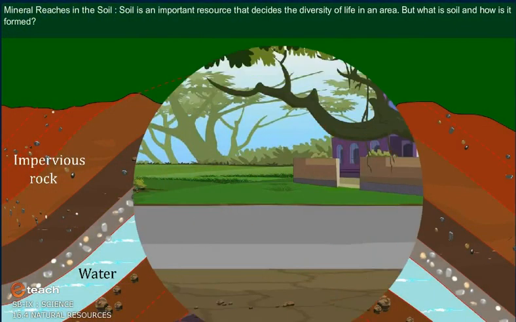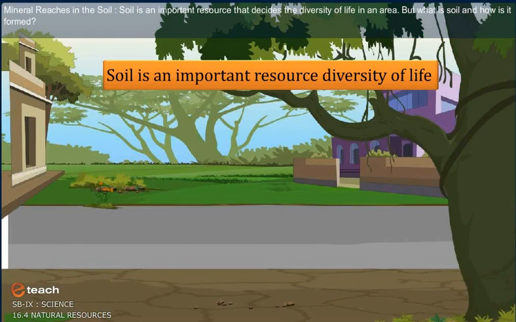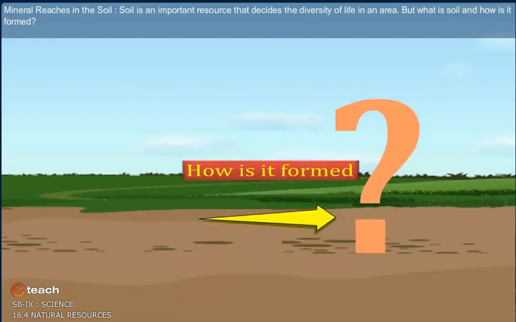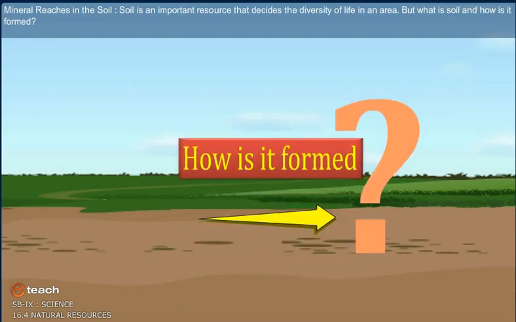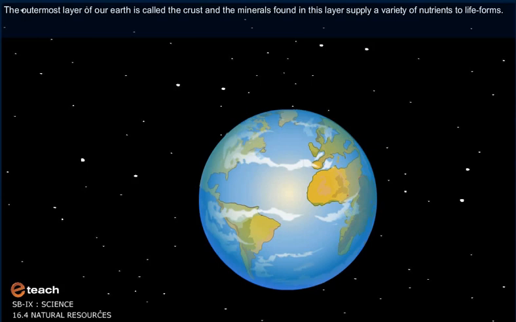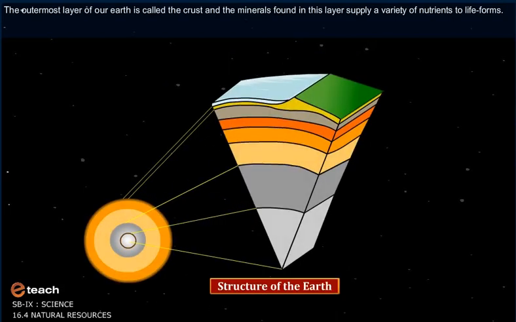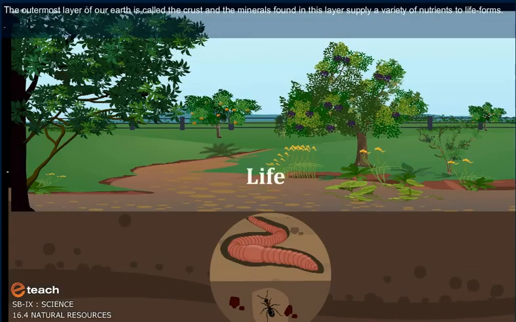Soil is an important resource that decides the diversity of life in an area. But what is the soil and how is it formed? The outermost layer of our earth is called the crust, and the minerals found in this layer supply a variety of nutrients to life forms.